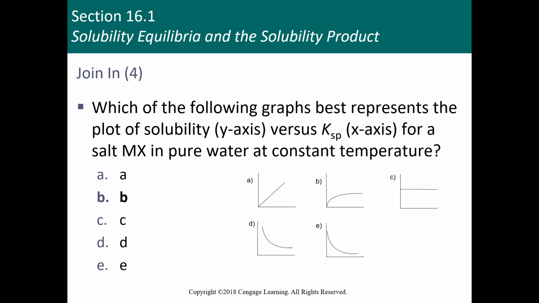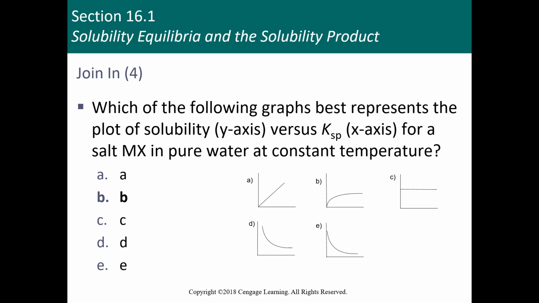The easiest way to think about this is to use the equilibrium expression to represent the relationship. The basic relationship is KSP equals the concentration of the cation times the concentration of the anion. And those two concentrations can both be represented by X, right?